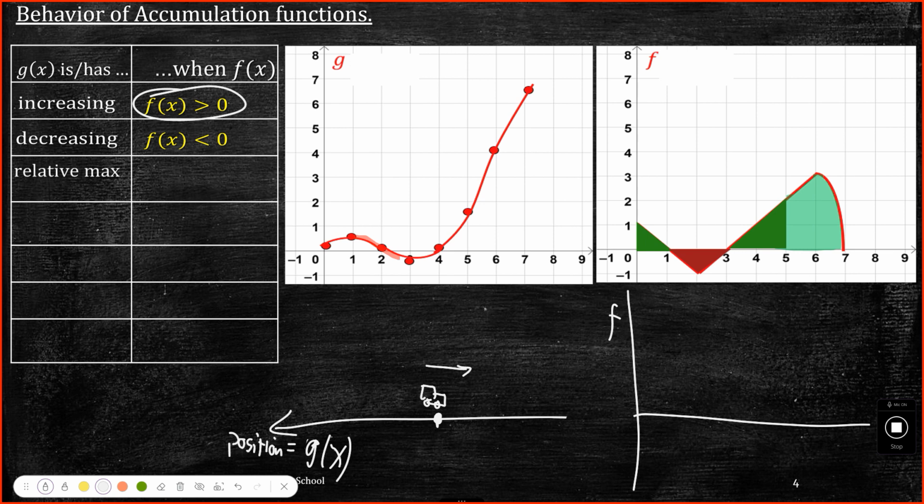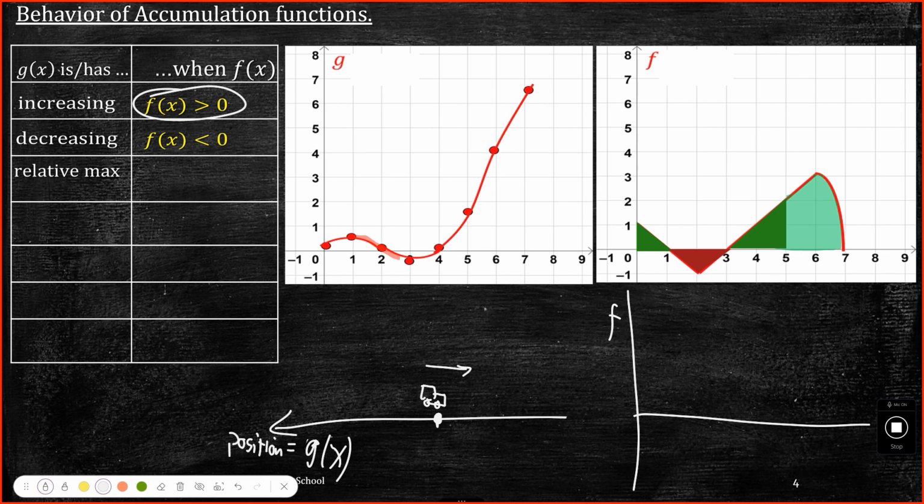Relative max. G has a relative max when F what? What do we say here? When does G have a relative max in relation to F?